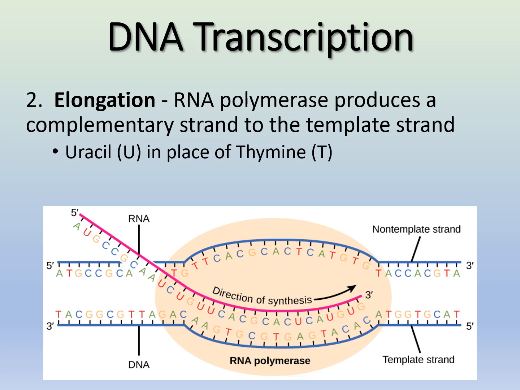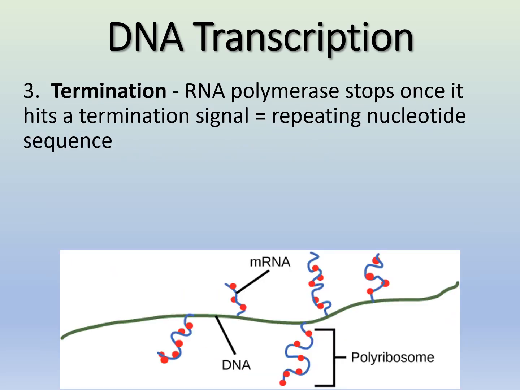That's why we have our RNA polymerase. We have to remember in RNA, we are replacing thymine with uracil. So wherever we would have had a T, we're going to have a U. We just have to keep that in mind when we're making our RNA messenger molecule.